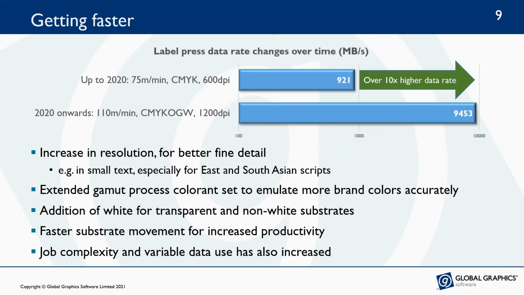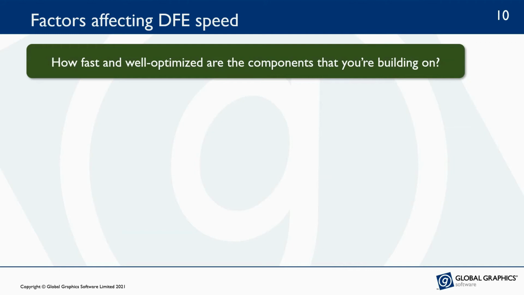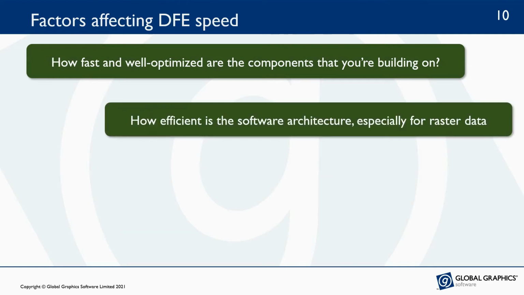So how do you make sure that the DFE you're building can keep up with your first press or the next press that you're planning? The data rate that a DFE can support depends on 4 key factors. How fast and well optimized are the components, such as the RIP cores that you're building on?